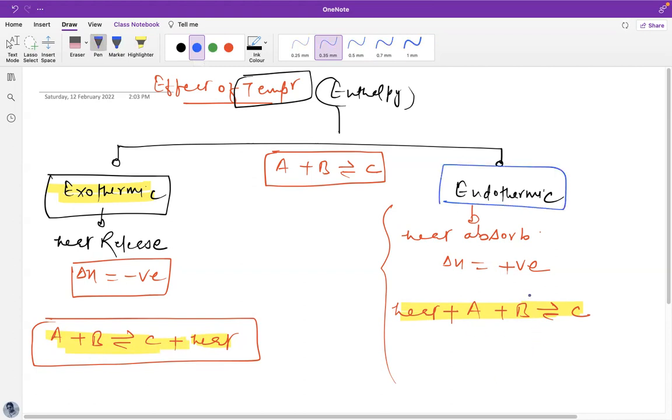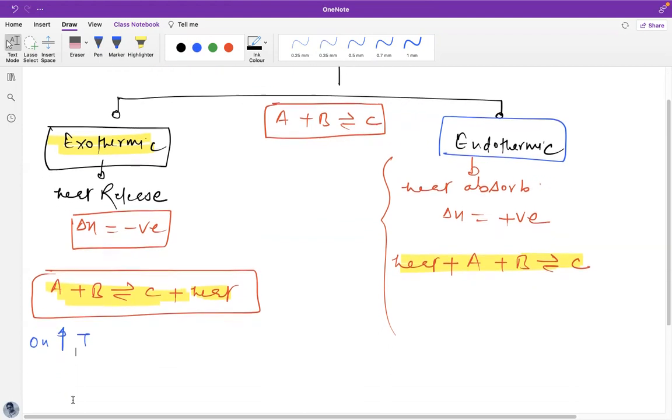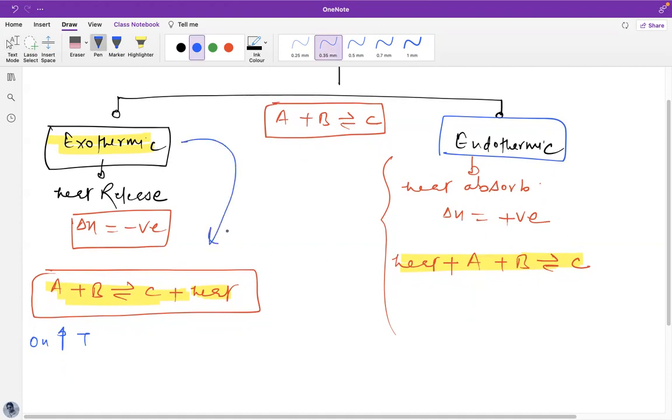Now I can tell you the effect of temperature. On increasing temperature, tell me where the heat is more present. For exothermic, where is the amount of heat more, product side or reactant side? You can just write P and R. I am saying again, yes, product.